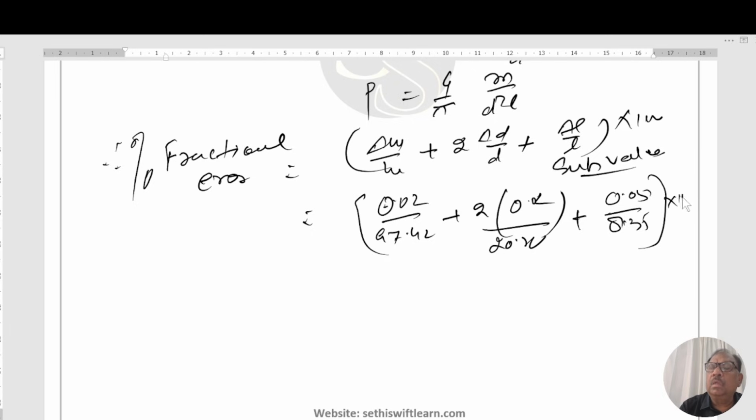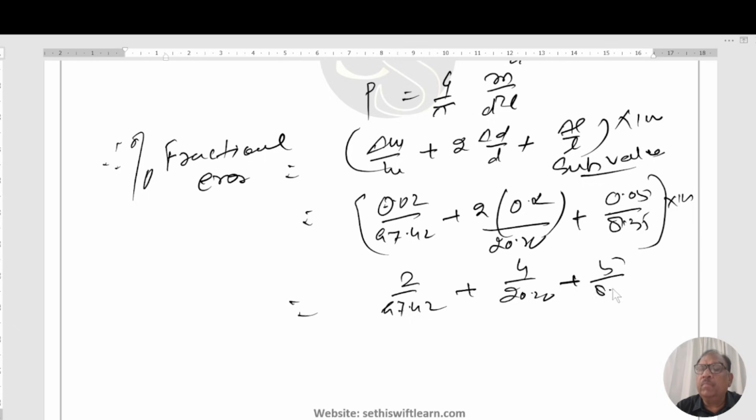The calculation is simple: 2 upon 97.5, multiplied by 100, then 4 upon 20.20, and 5 upon 8.35. Tentatively this will come out to be 0.02 approximately, then 0.2, and then 0.6.